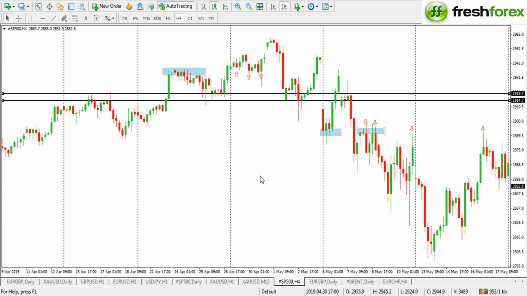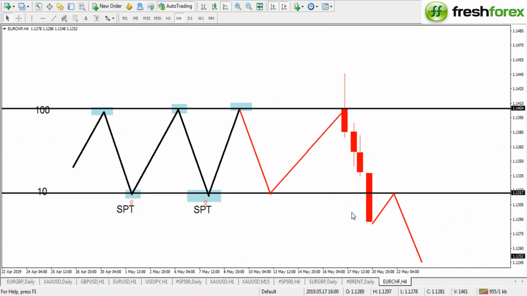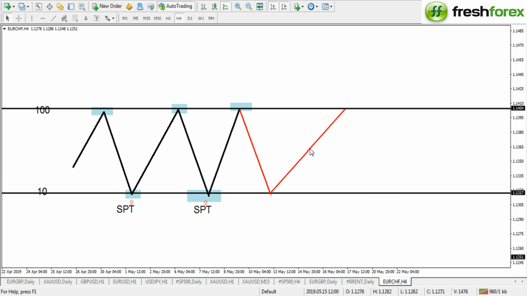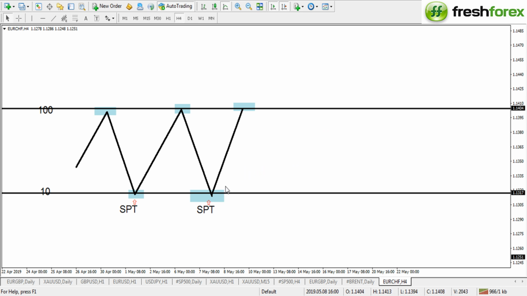So let's now look at a false breakout. What false breakout means. So we have our chart.